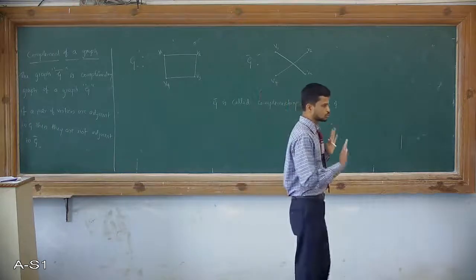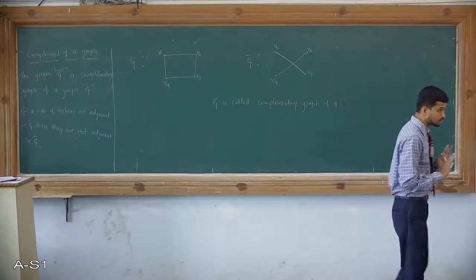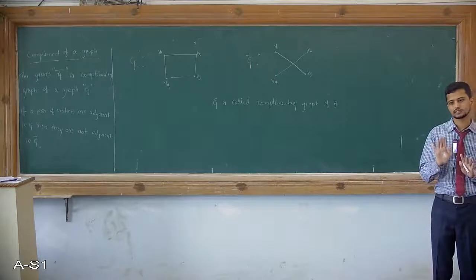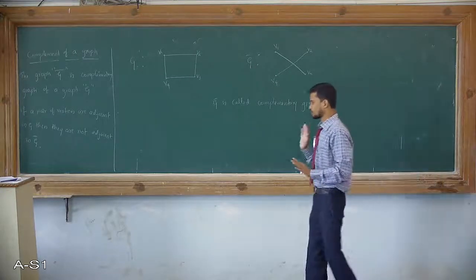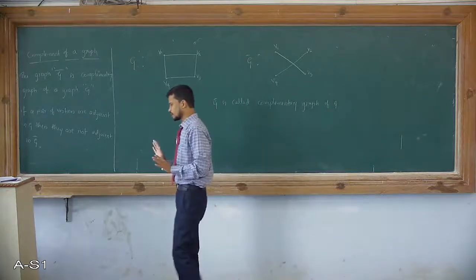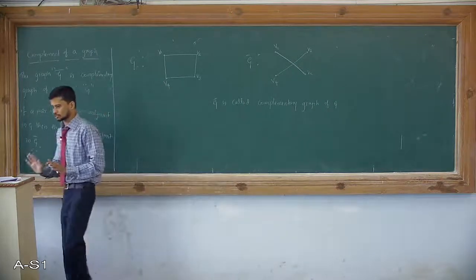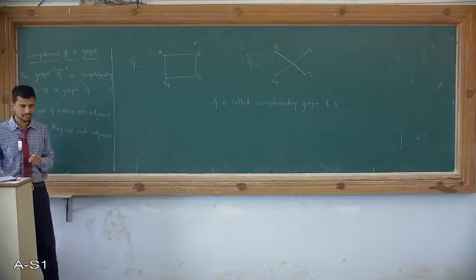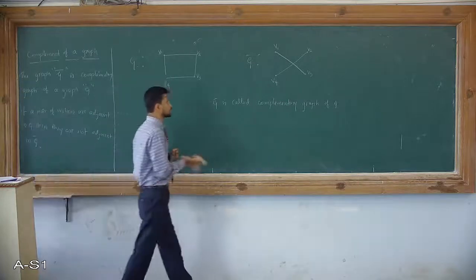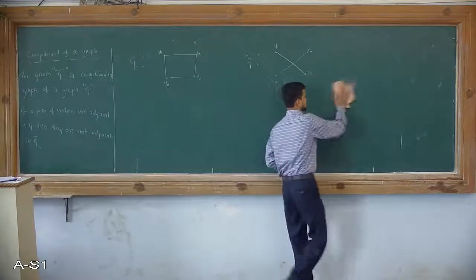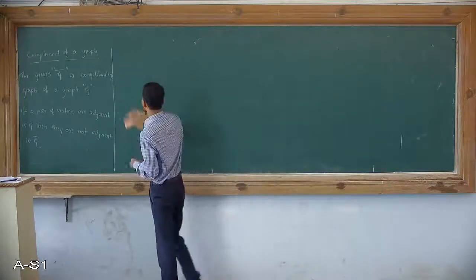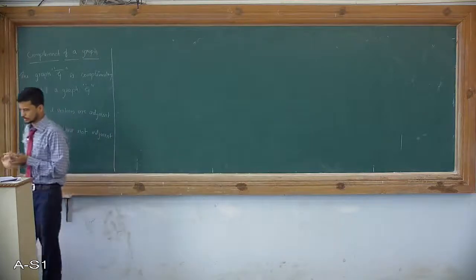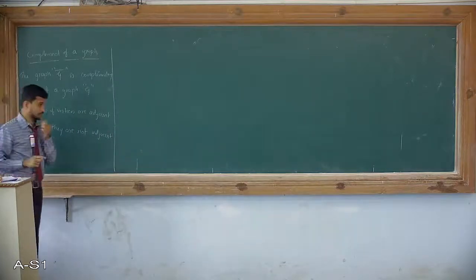Those two graphs being isomorphic means they have a one-to-one correspondence. So even though they are complementary graphs, if they are isomorphic, then we can say it is a self-complementary graph. Before going to the next concept, I will take up one more example of a complementary graph.